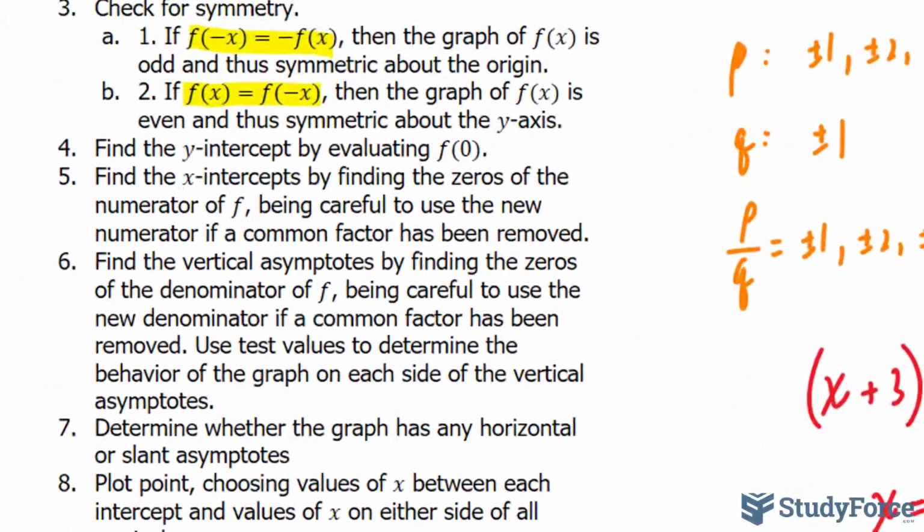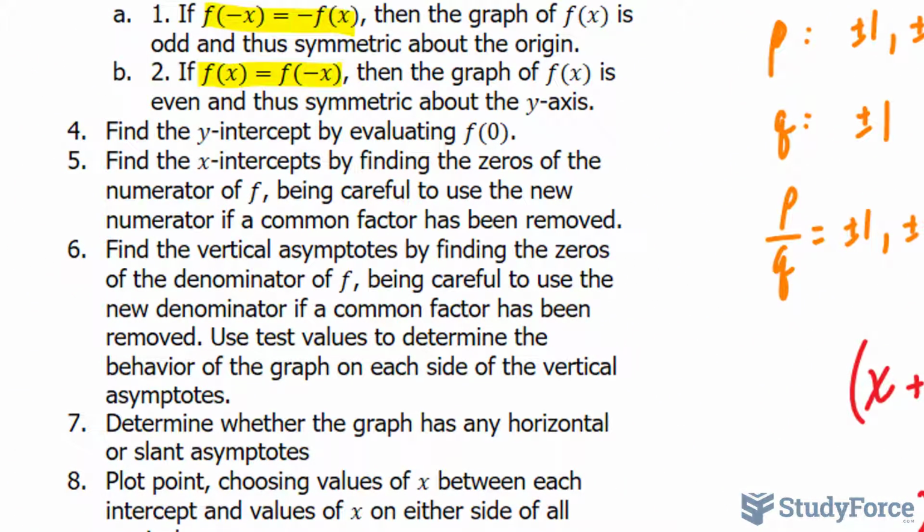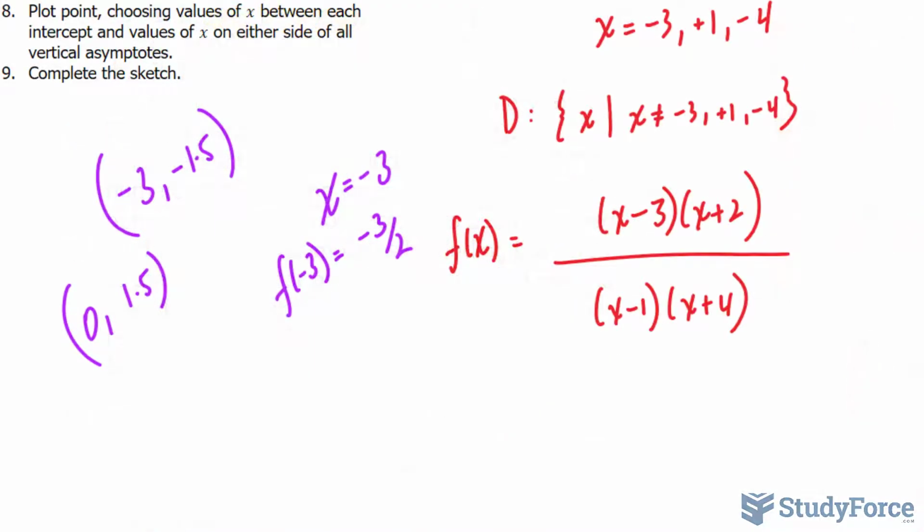Okay, let's carry on. In step number 5, we have to find the x-intercepts by finding the zeros of the numerator of f, being careful to use the new numerator if a common factor has been removed. Our numerator is right here, and I'll set that equal to 0. If I set this equal to 0, I end up with roots at x positive 3 and x being negative 2.